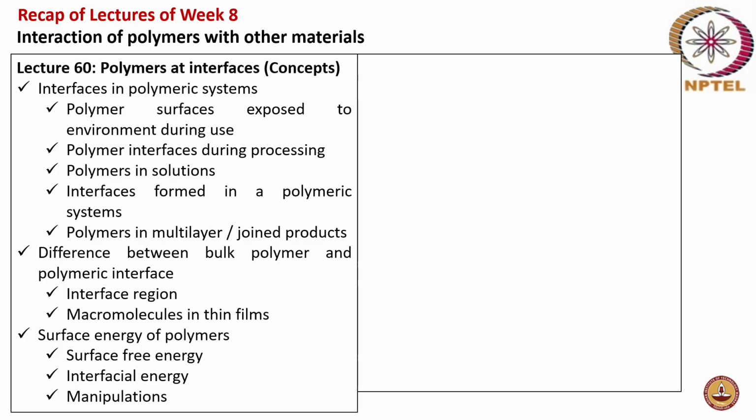If it is a very thin film of macromolecule, then you do not have a bulk polymer at all. Everything is exposed, it is having an interface, right? So macromolecules in confined spaces was discussed, which has huge practical applications, right? And then surface energy of polymers. Here surface and interfacial energy of polymers were discussed, and then the contact angle was discussed, surface tension was discussed, and then how do you manipulate the surface energy or interfacial energy in polymers. So these were all discussed in polymers at interfaces.